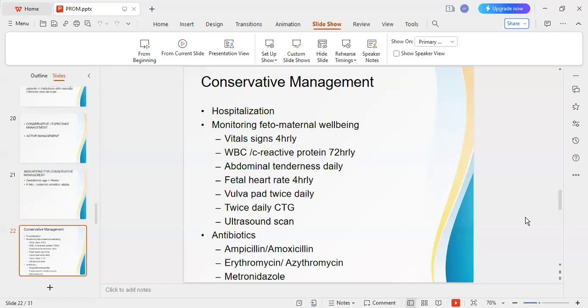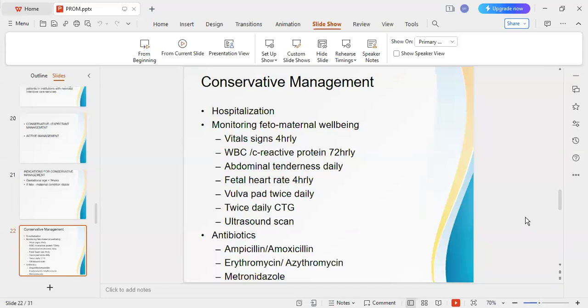So this is an overview of how we manage patients conservatively. These patients have to be hospitalized. In our setting, we have to hospitalize them. Elsewhere, maybe abroad, you can think about home management, but it's not very advisable. So we do our hospitalization. Then we monitor our fetal and maternal well-being, the maternal vitals, very important, because when the complications start setting in, these are the things that will start indicating that yes, this is what is happening, and then we have to act differently and change our management.